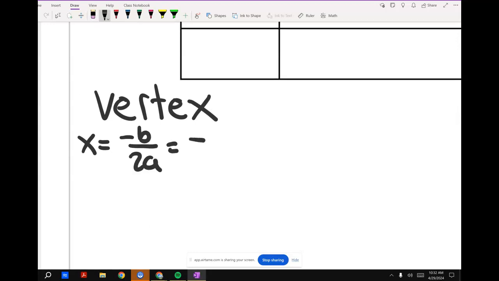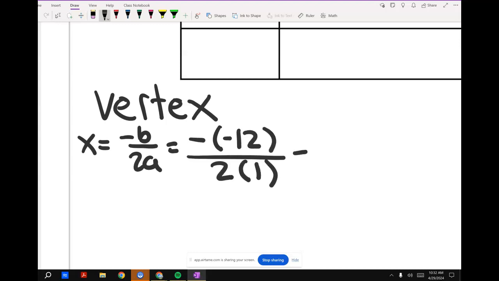So that's negative, then I'm plugging in negative 12 over 2 times 1. So as you remember, a double negative makes it something positive. So I have a positive 12 on the top, a positive 2 on the bottom. So 12 divided by 2 is 6. So my x-coordinate of my vertex is 6.